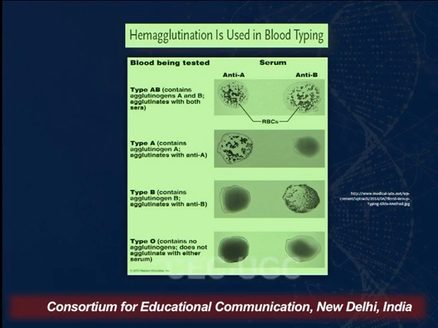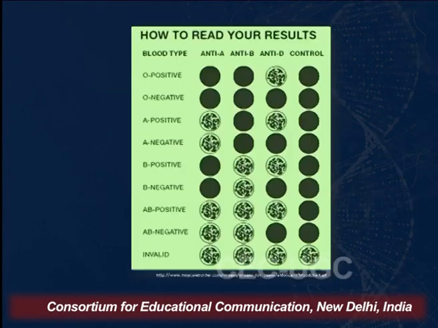In type B, the anti-A serum won't give any agglutination reaction, but anti-B will, because of the presence of antigen B in that sample. In type O blood group, there won't be any agglutination reaction in either anti-A or anti-B, so no reactions take place.